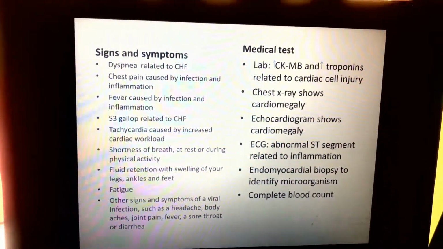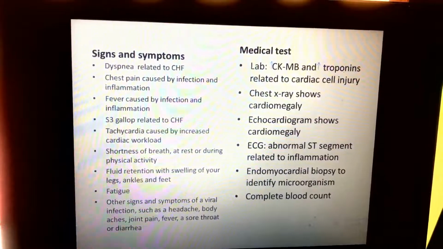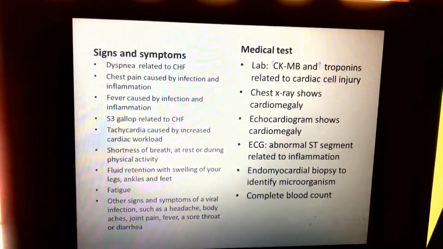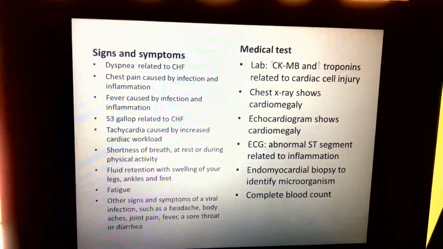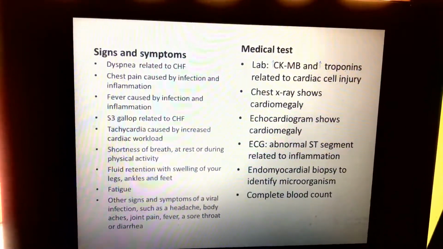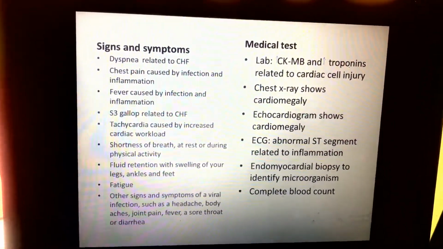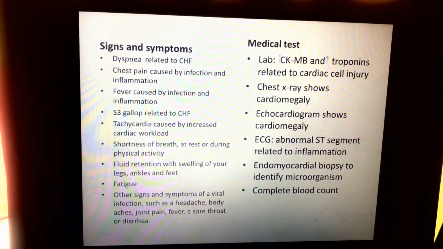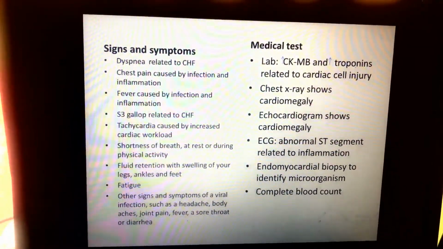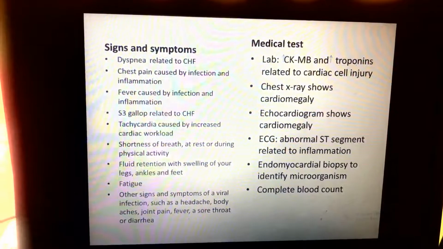At this stage, the metabolic function will be reduced. So when the metabolism is reduced, there is no production of energy, and we will experience fatigue.